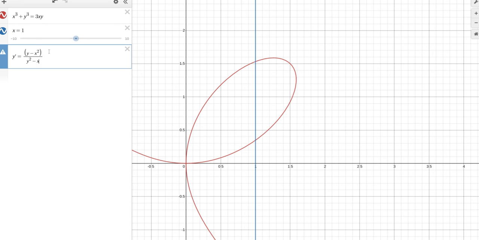So we know our x value, which is 1. And now if we knew what the y value was, we would plug it in here. I don't know, let's say it is 0.35.